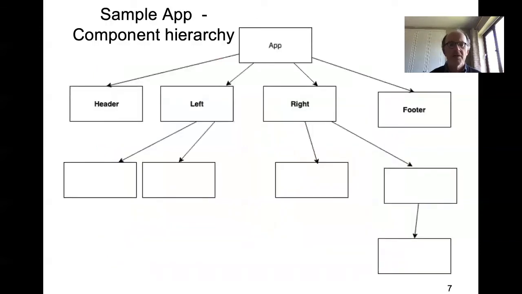I didn't fully label this hierarchy, and some of the labels wouldn't really be very good component names, but they serve the purpose of relating this hierarchy to the previous screen. So, I'm hoping that you will understand that, for example, this component here is the one that's going to be managing the display of the list of movies.